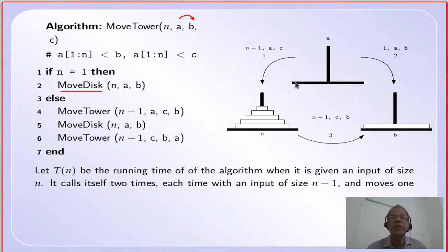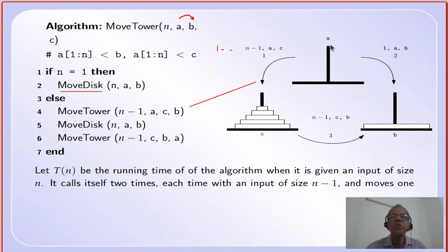We can do it in 3 steps we saw. In step 1, move the top n minus 1 disks, 1 to n minus 1, from A to C, and that is what we do here. Move tower n minus 1 disks from pole A to pole C. You may use pole B as an auxiliary help pole.